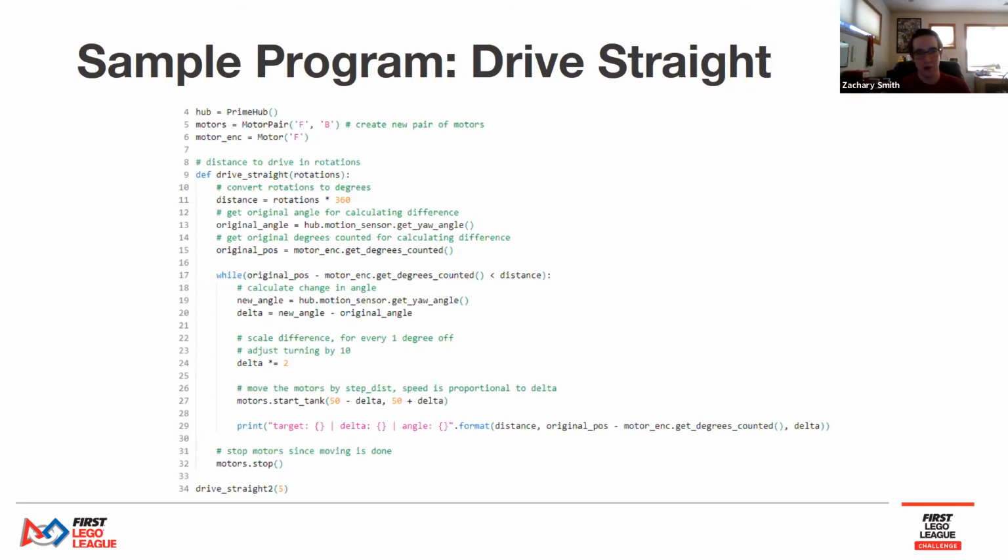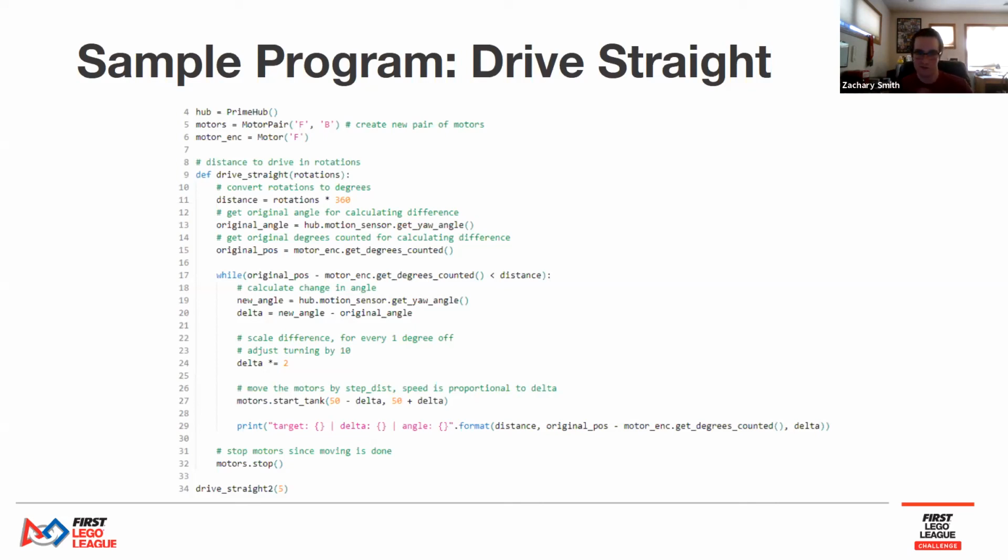And then it will move the motors by the step distance, and the speed is proportional to the delta. So I have the step distance just set to a constant 50. Actually, I think that's an old comment. When I first wrote this program, I was doing the jerking movement, where the speed is actually telling it to move a set distance, check it again, and then turn a little bit.